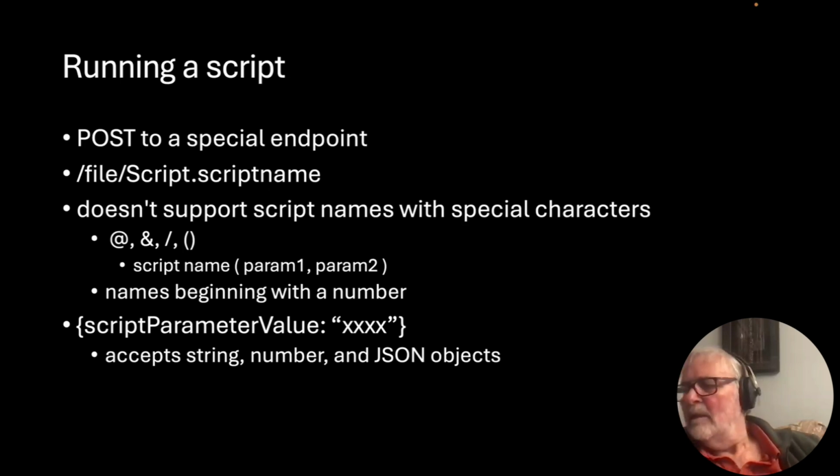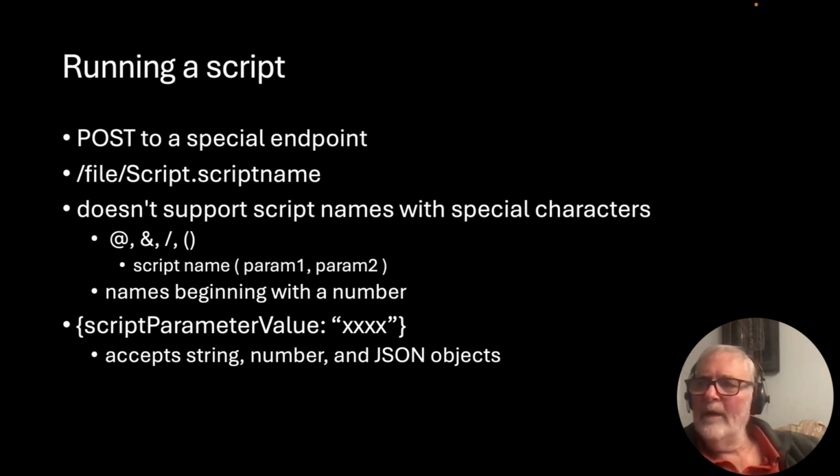Now then, anytime you tell people, oh, this doesn't work, it does cause a little bit of friction, but it does not support script names that have special characters in them. And by that, we mean the @ symbol, the ampersand symbol, and brackets.